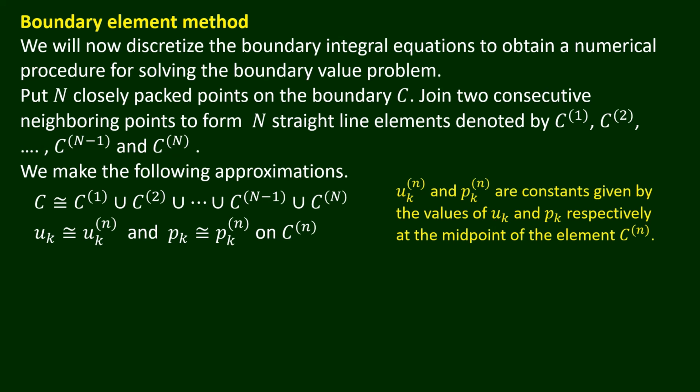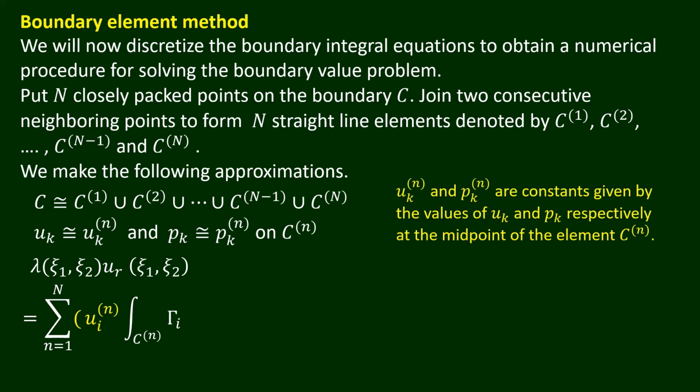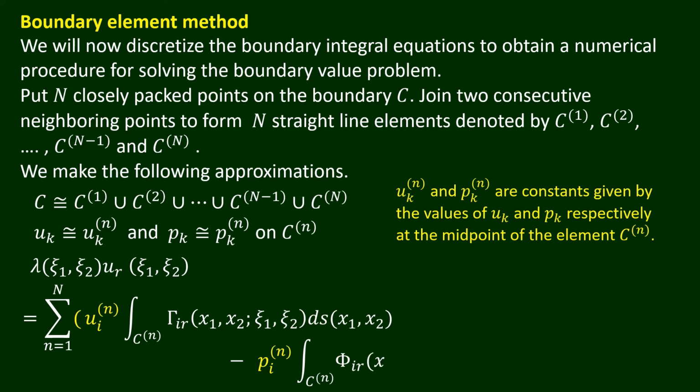The boundary integral equations are approximately given by λ(ξ1, ξ2) u_r(ξ1, ξ2) equals the sum over n equals 1 to capital N of u_i^n times the line integral over C_n of capital Γ_ir(x1, x2; ξ1, ξ2) ds(x1, x2), minus p_i^n times the line integral over C_n of capital Φ_ir(x1, x2; ξ1, ξ2) ds(x1, x2).